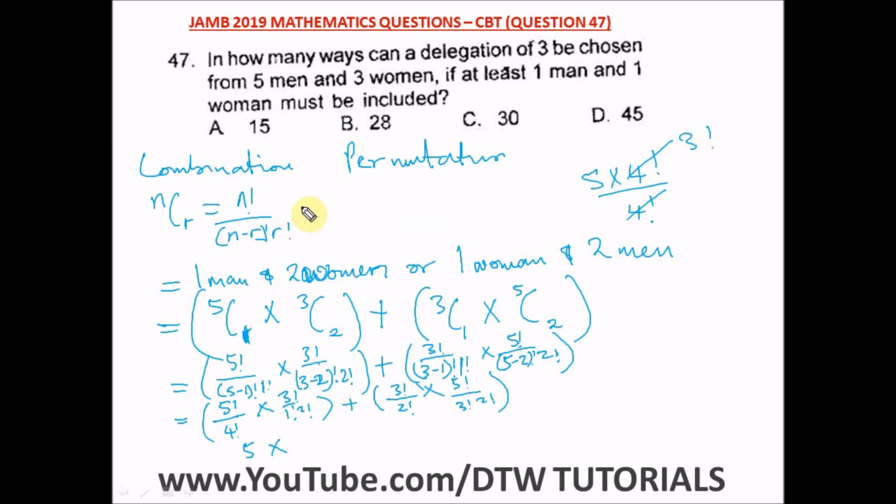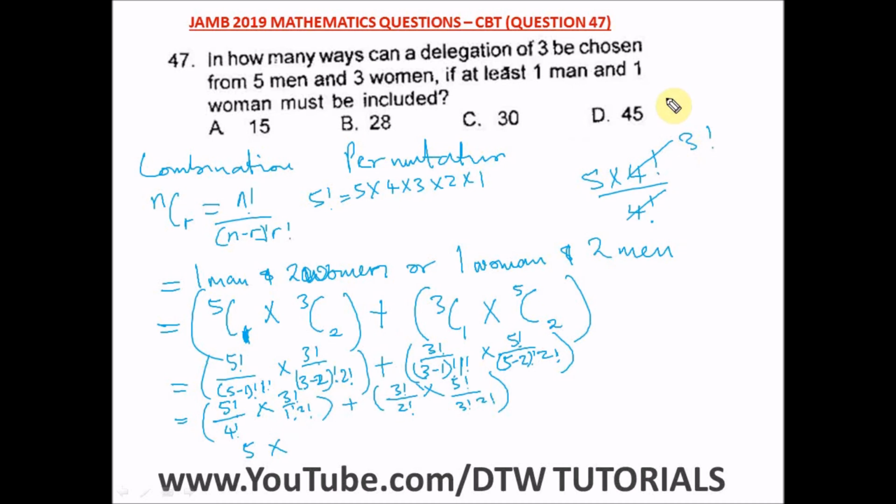I hope you know that 5 factorial means 5 times 4 times 3 times 2 times 1. Please remember this. If you don't, there's a video on combination and permutation on our channel, DTW tutorials, that explains this. I'm just doing this to refresh your memory.